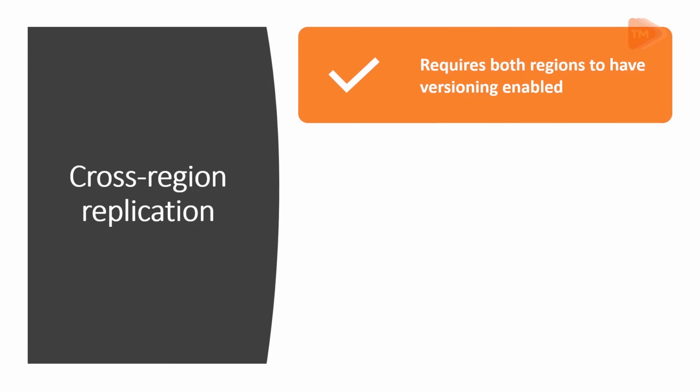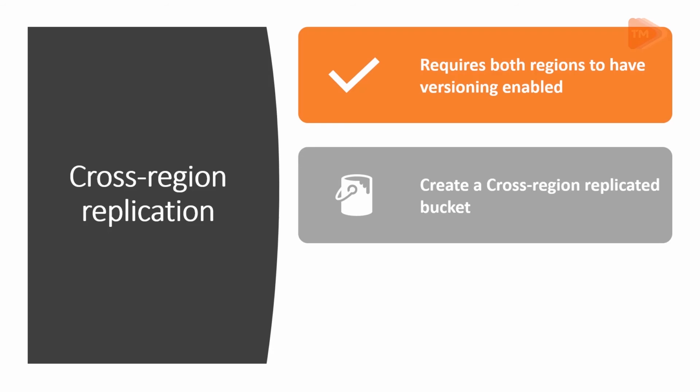For this module, if there is another bucket that we have set up in another region, both these buckets need to have versioning enabled. Here we don't have another bucket in another location in the demo, but if you do have another bucket, you need to have versioning enabled on that bucket as well. That's one of the prerequisites.